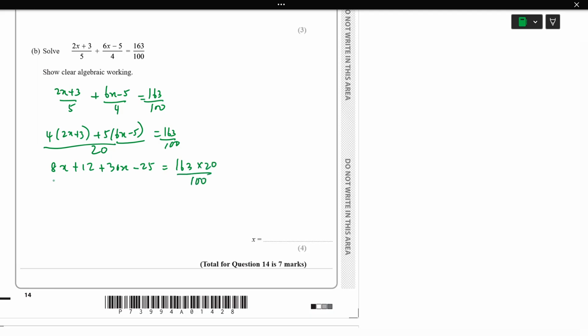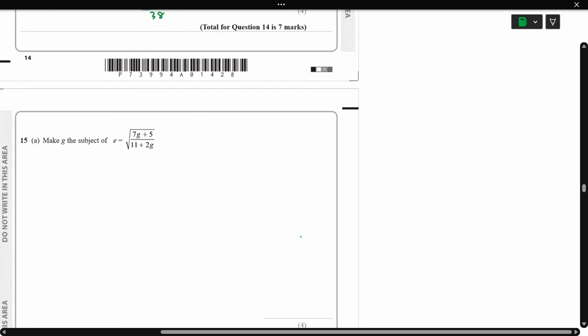The left side x term is 38x minus 13 equals, on the right side, 32.6. Next, 38x equals 32.6 plus 13, so x equals (32.6 plus 13) over 38. The answer is going to be 1.2.